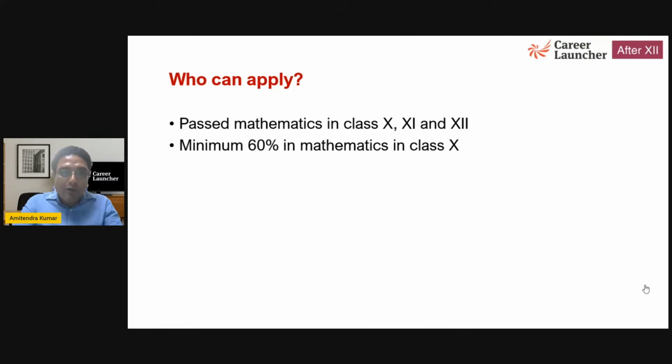So the essential requirement is having passed mathematics in class 10th with minimum 60% in class 10th. There is no minimum criteria as far as class 12th or 11th is concerned, which means even if you get 55 in your mathematics paper in your class 12 board exam, that's okay. The minimum marks required in mathematics is applicable for class 10th.